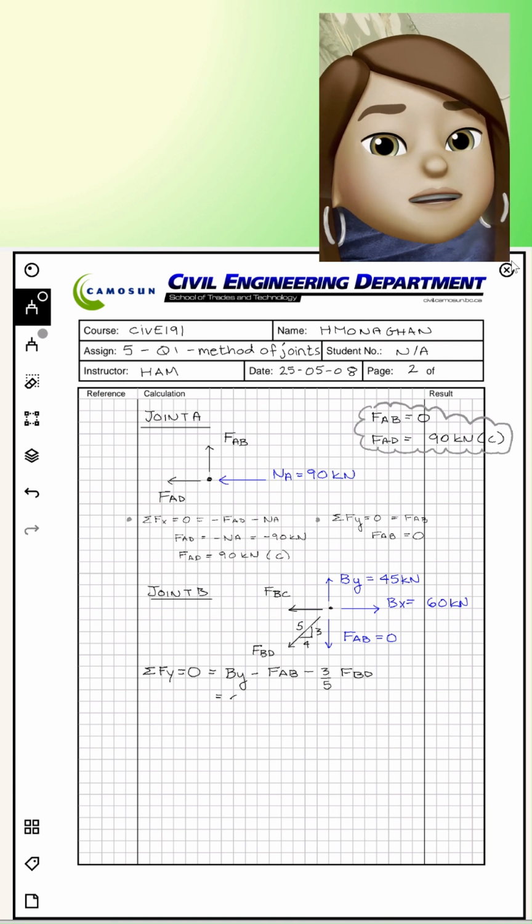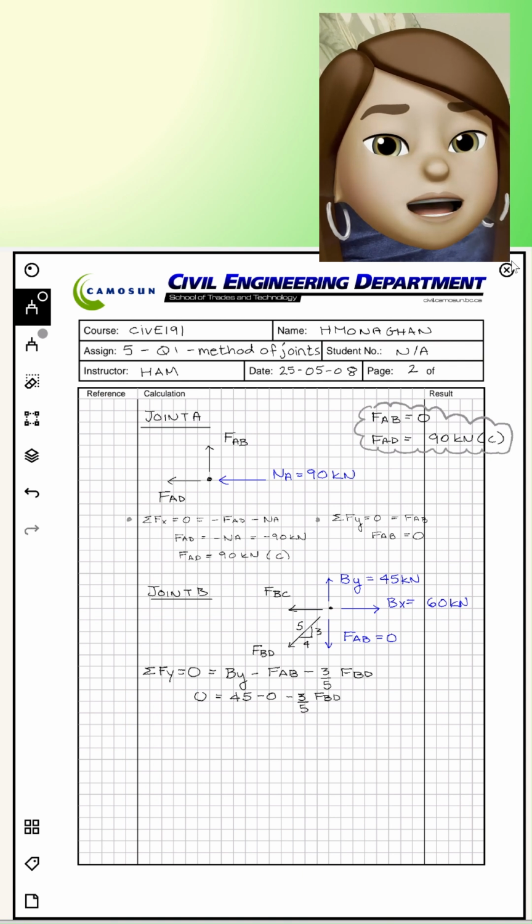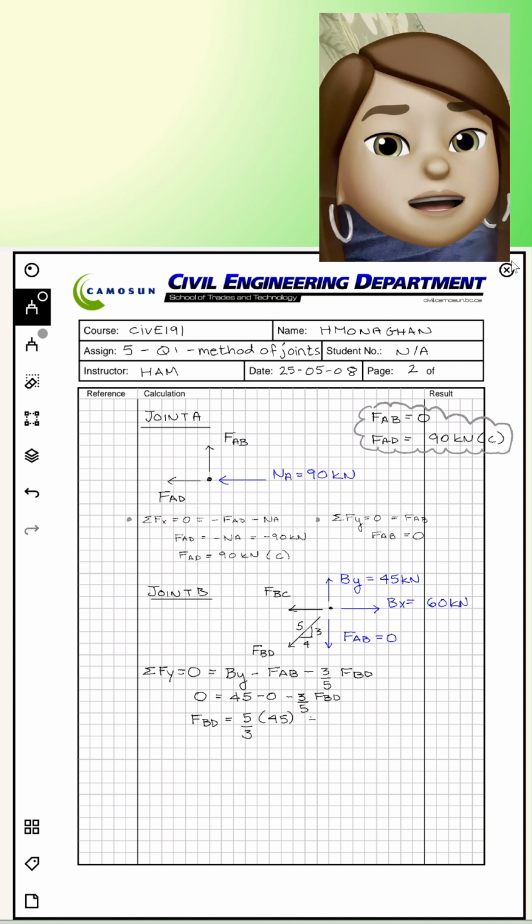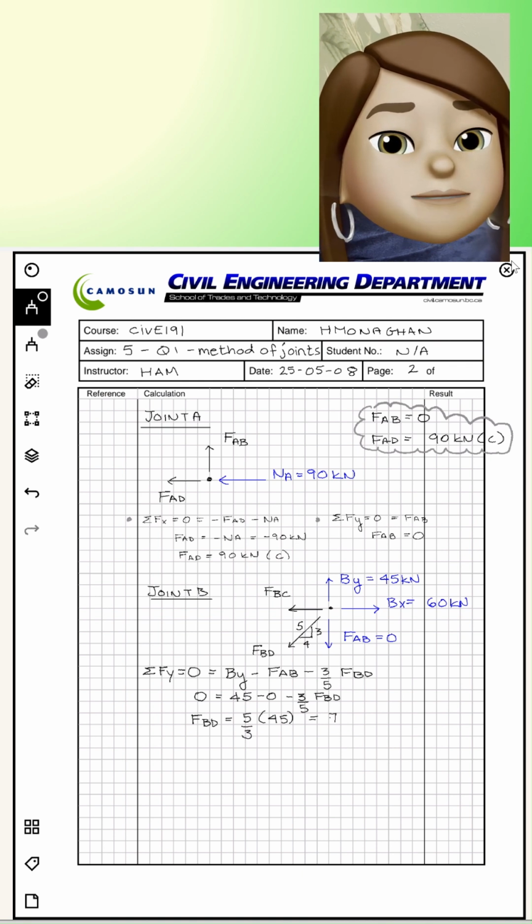And then for every 3 units that we go down, overall 5, that ratio is going to be 3/5 of that force in BD. We know BY and we know AB, so we're going to rearrange this equation real quick to solve for that member BD.